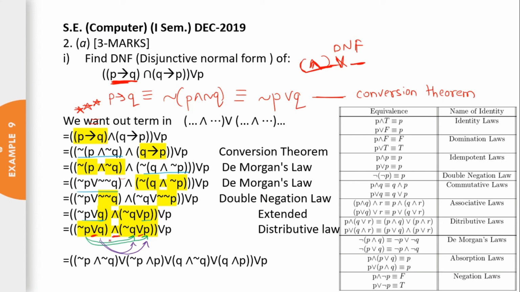So one by one we have to perform the operation, that is negation of P ANDed with negation of Q. The middle symbol will be used for individual terms and this symbol will be used for joining the terms. So it will give me negation of P and negation of Q. One possibility, negation of P and P, or with Q and negation of Q, or with Q and P.